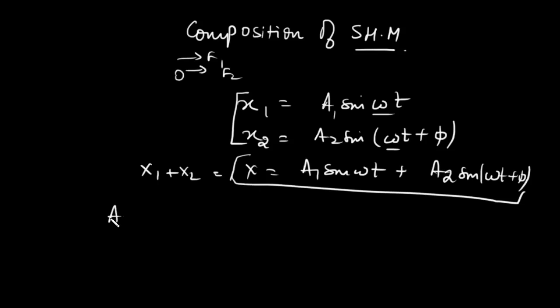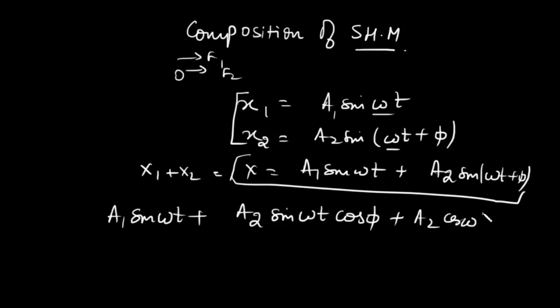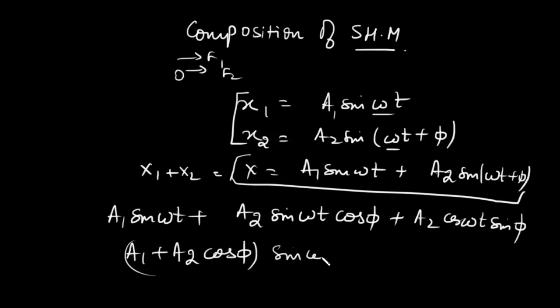So we now open this: A1 sine omega t plus A2 times sine A cos B plus cos A sine B, right? Alright, so we have A1 plus A2 cos phi times sine omega t plus A2 sine phi cos omega t.